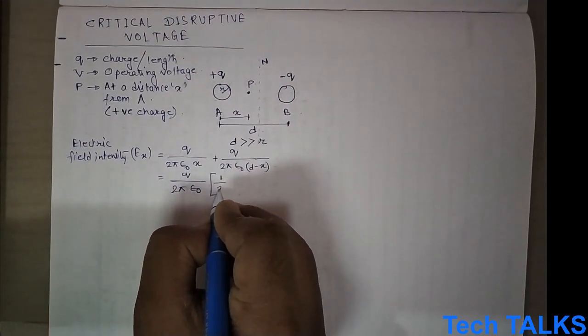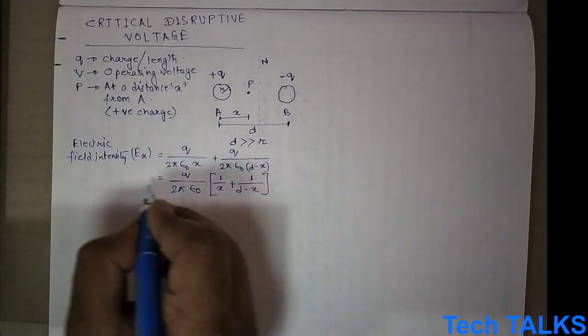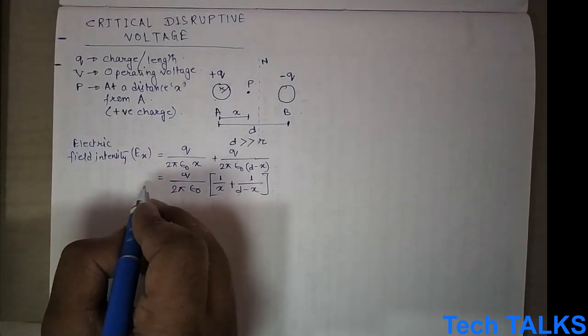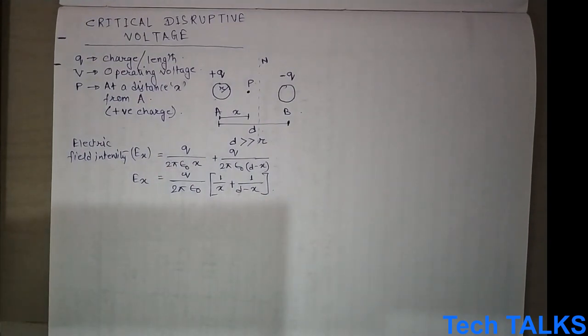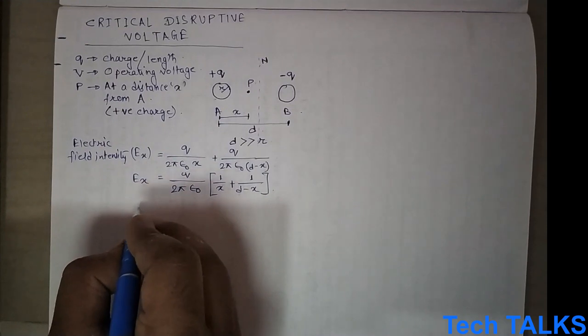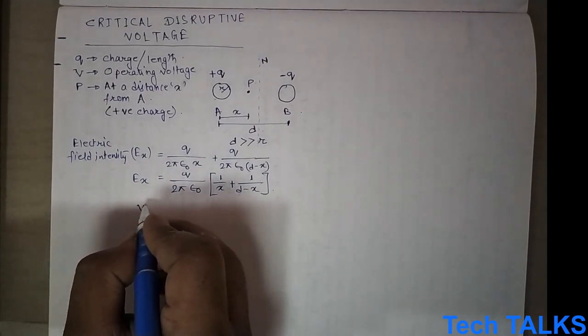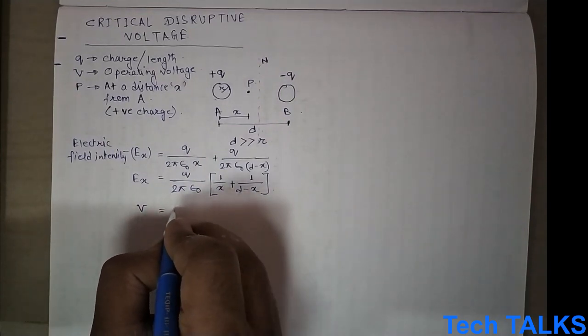Now if we want to find the potential difference between the conductors, then we will do this. V is the potential difference between two conductors. Actually dV is equal to minus Ex dx.